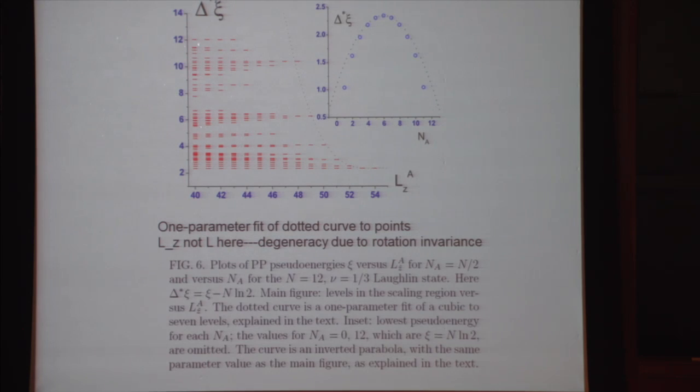Maybe I should. So if we look at the spectrum, first if I plot it just for one value of NA, as I did before, and if I also plot it versus Lz, not versus total L, then my multiplets become these sets of levels that are now separated. So I have degeneracy like this. And if you look at this picture and tilt it, you see this becomes a straight line.